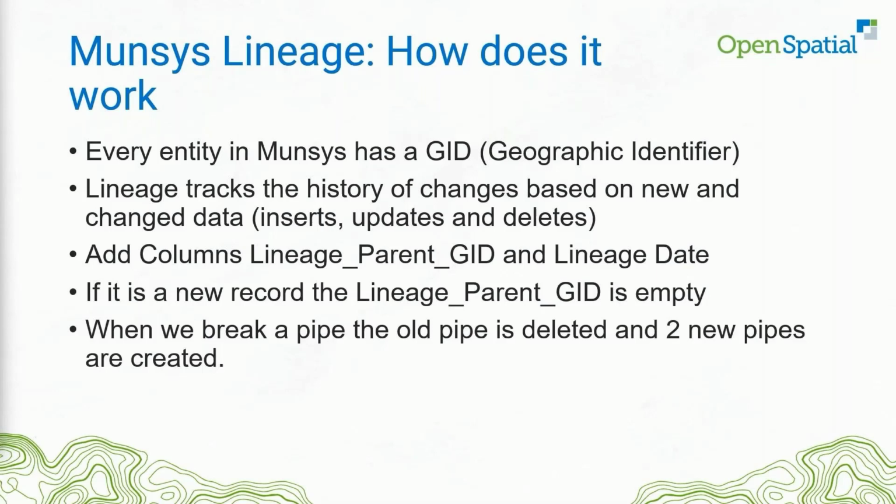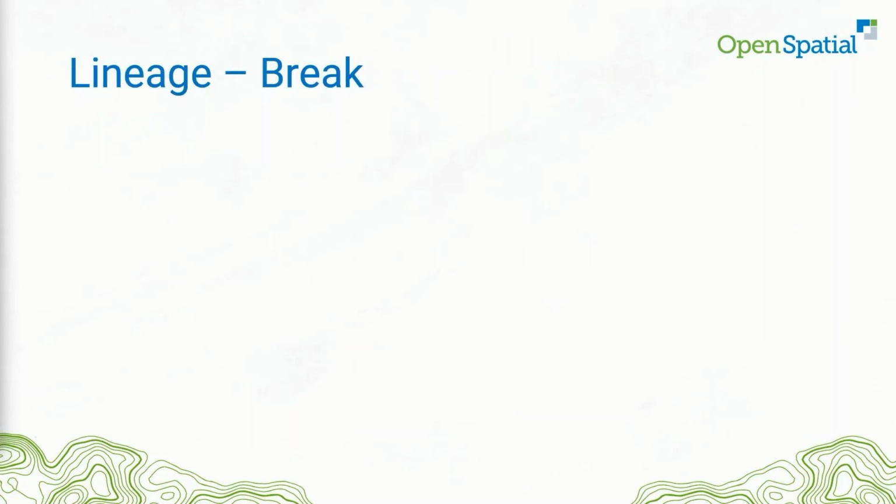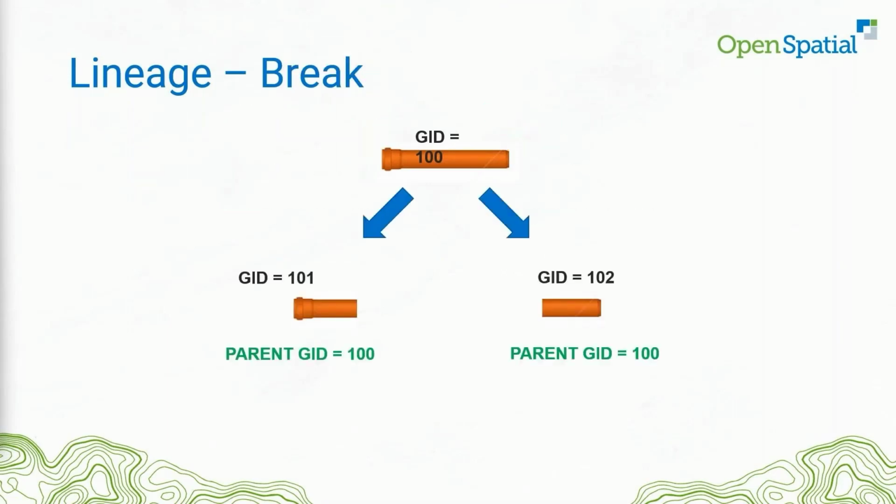When we break a pipe, the old pipe is deleted and two new pipes are created. So what's the impact of that we're looking at? So the old pipe is then stored in an archive table and the transaction stored in the monitor log table. So practical reality, I've got a pipe, it's got a GID. If I then go and break that pipe, it creates two new pipes, so it's got two new GIDs, and we go and populate the parent GID of those two new pipes.